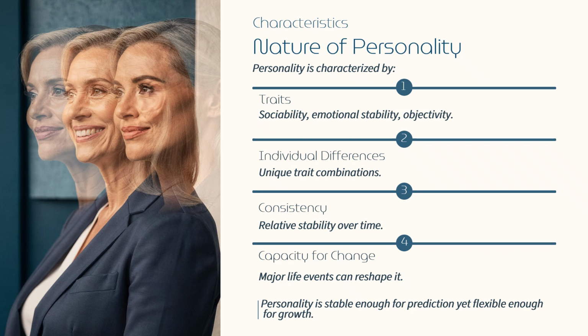While it is enduring, major life events can alter it. Think about the impact of a major career promotion, a divorce, or the birth of a child. These shocks to the system can lead to long-term shifts in an individual's personality structure.